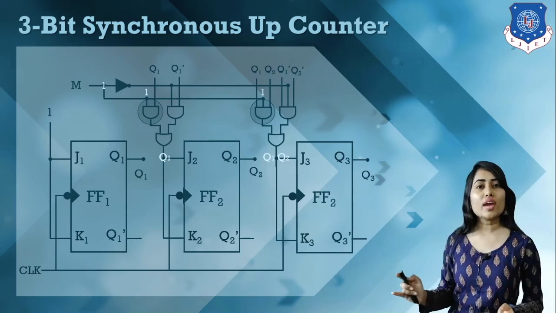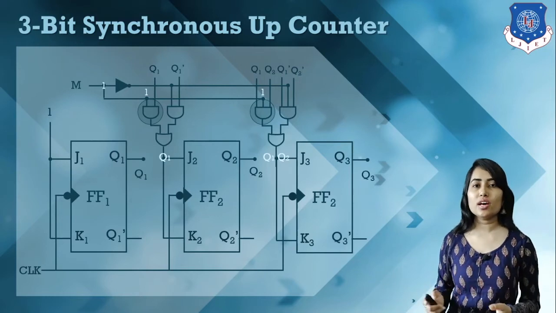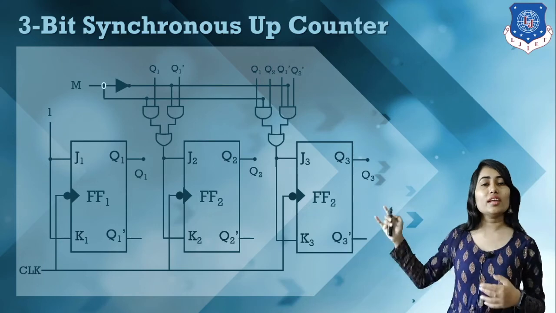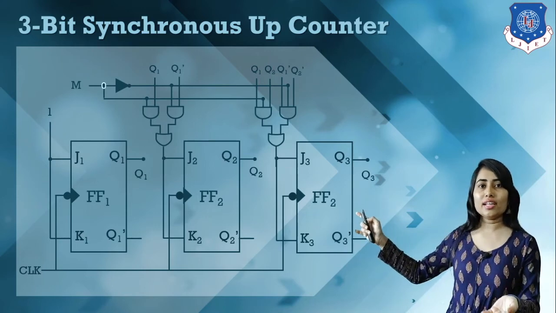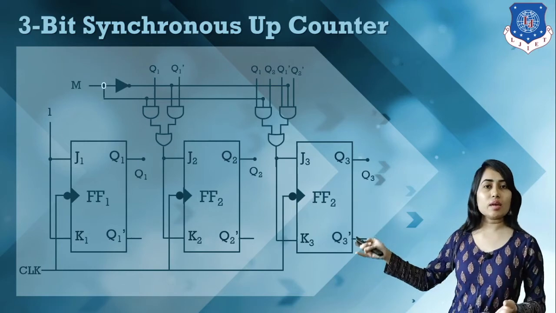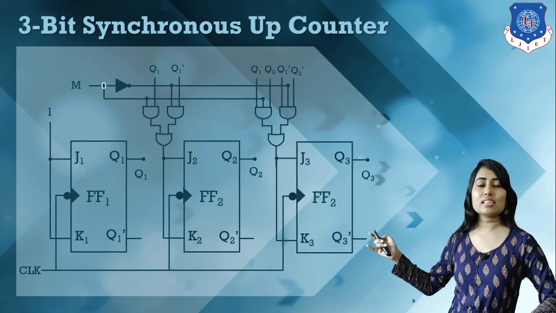So whenever we have M is equal to 1, we have an up counting sequence, and whenever we want the downward direction, M is equal to 0. When M is equal to 0, M dash is equal to 1.